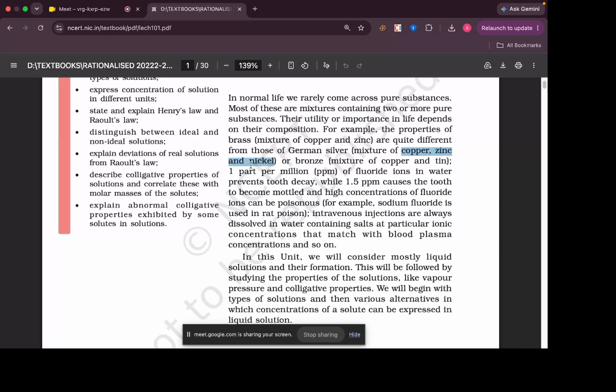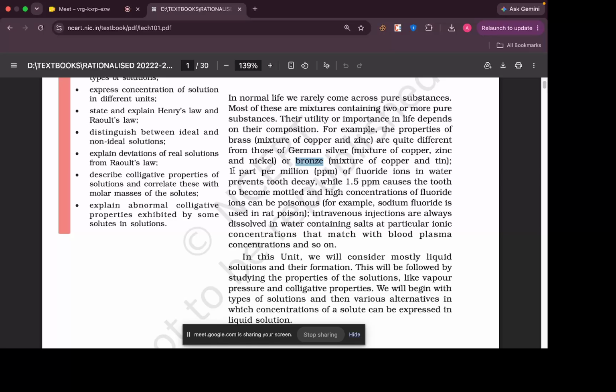When we have these three, I am getting German silver. When I have copper and zinc, I have brass. So two theoretical questions you got here. Third, when I have copper and tin, then I am getting bronze. So these three theoretical questions they can ask in match the following or in a statement based question.